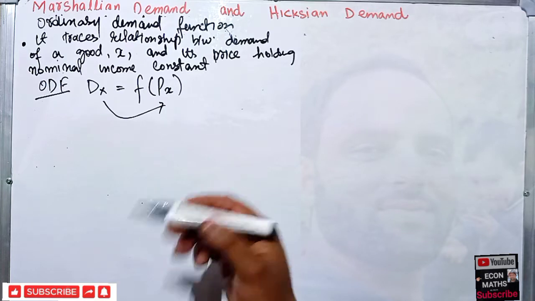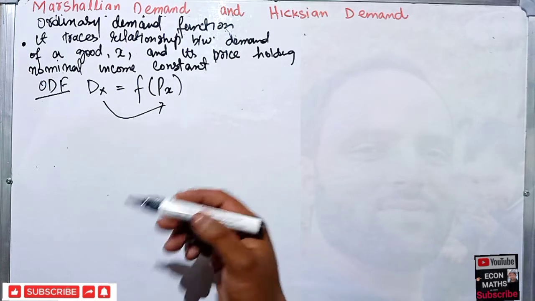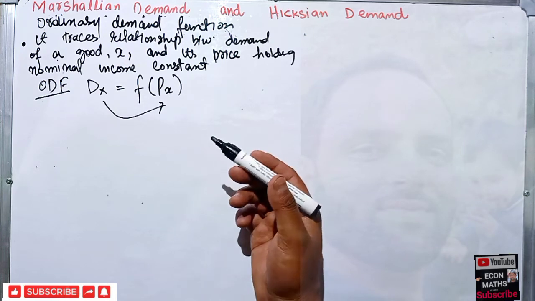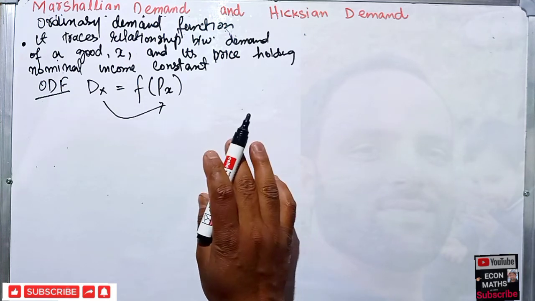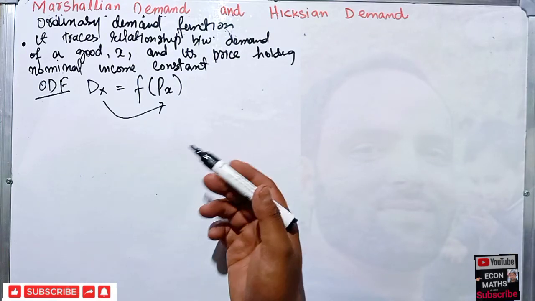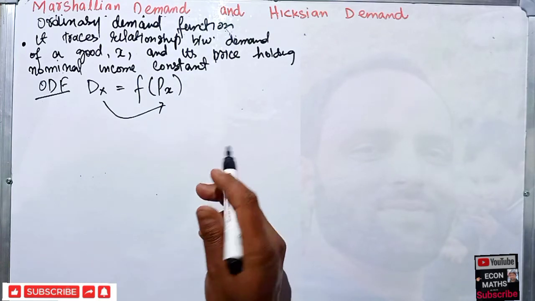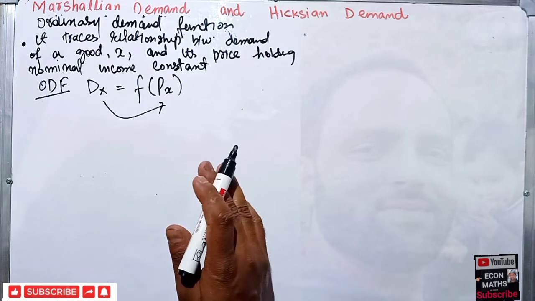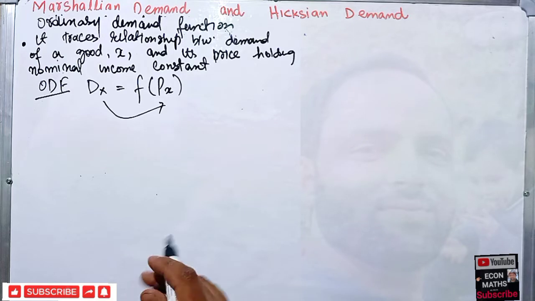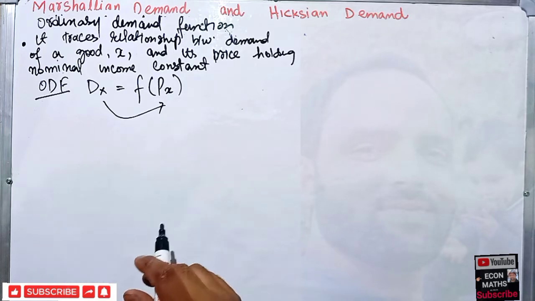So with a given budget, we want to study the relationship between demand of a particular good and its price. This price effect in the Marshallian demand function can be decomposed into two effects, that is the income effect and substitution effect. I will show you how we do that.